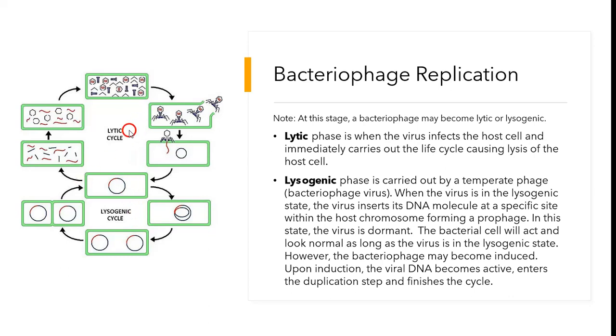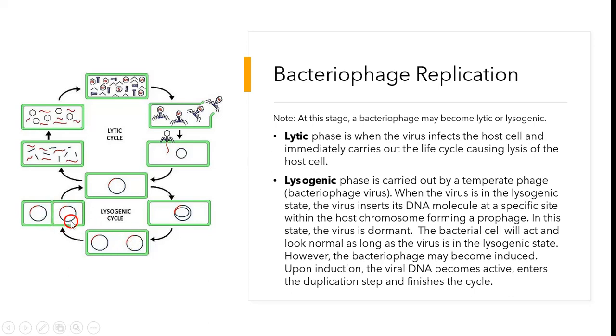And in this case, notice here, see the red? The red is representing the virus genetic material. The virus genetic material in the lysogenic phase gets inserted into the bacterial DNA, and it just sits there. So every time the bacterial cell replicates, it replicates its entire DNA, and as it replicates, it takes that viral DNA with it.